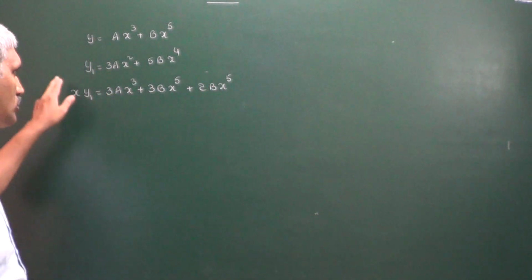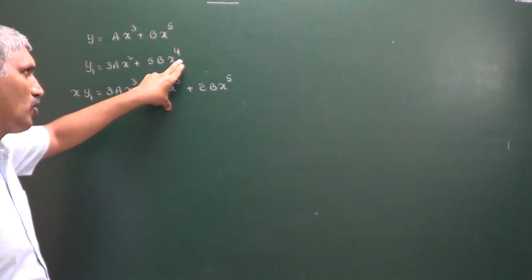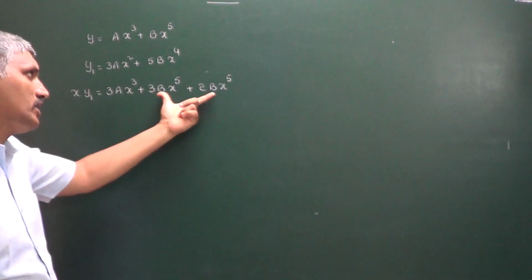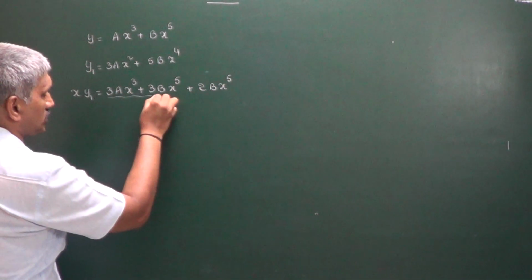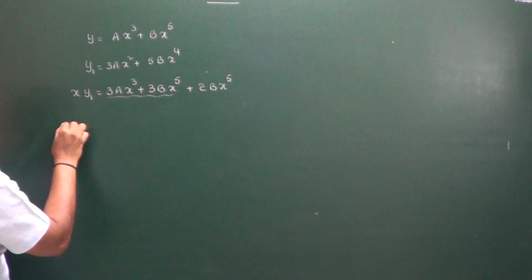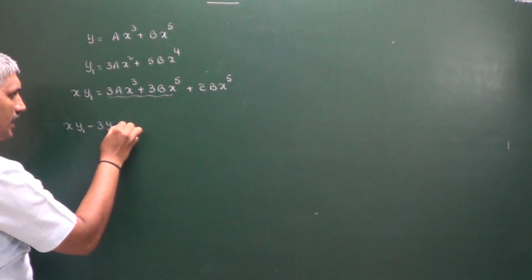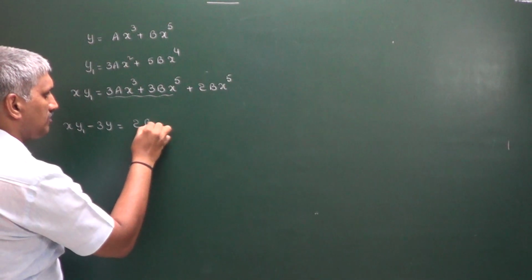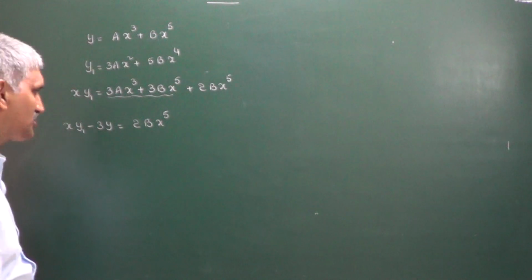Nothing added, both sides are multiplied with x. Here x³, here x⁵, and five times is there, which I have written as 3 plus 2. Now this is nothing but 3y. So we get x y1 - 3y = 2b x⁵. Now differentiate this again.